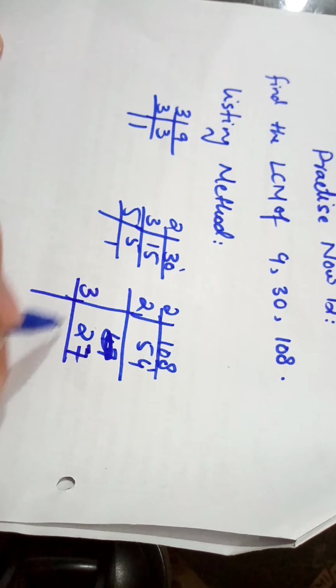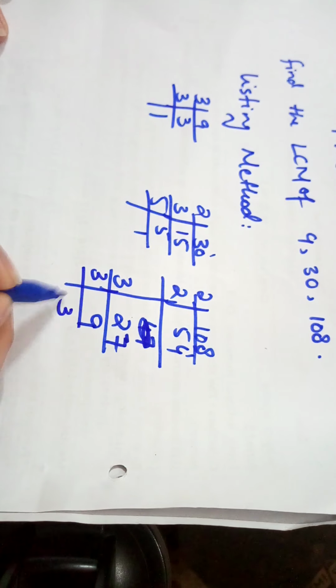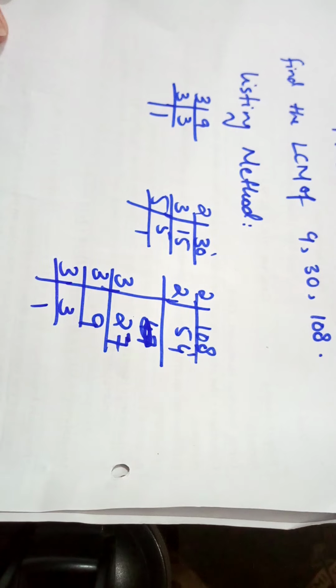Now 3 9s are 27, 3 3s are 9, 3 1s are 3.